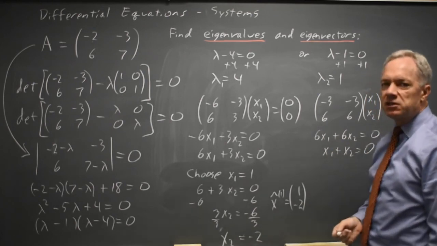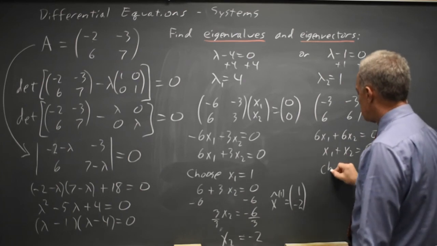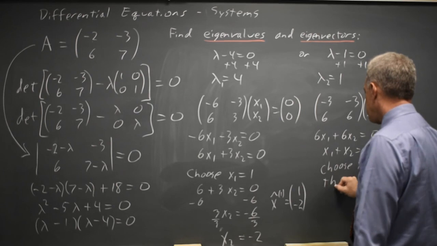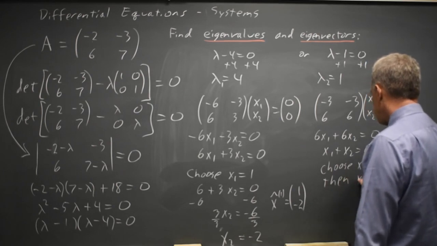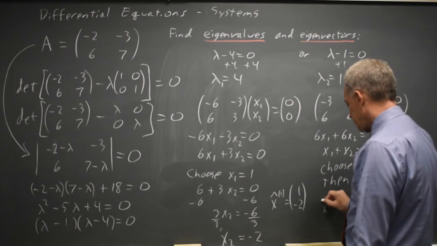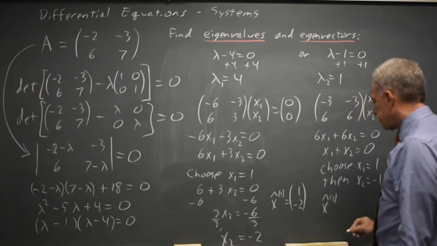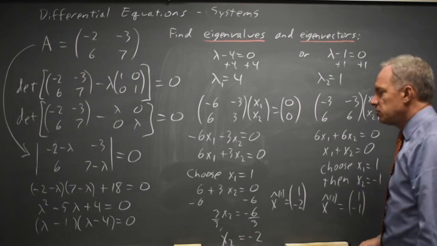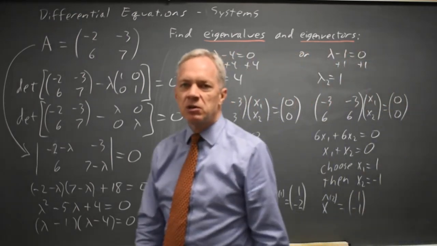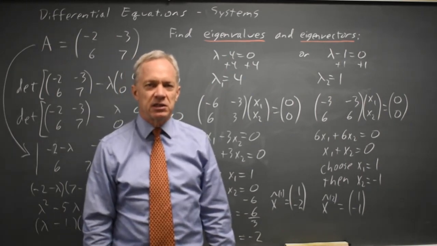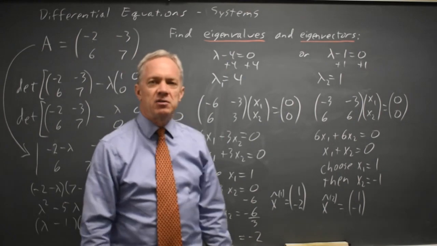There is no unique solution, but if I choose x1 equals 1, then by inspection we see x2 equals -1, and my second eigenvector, x vector superscript 2, is the vector 1, -1. And I could normalize that to unit magnitude, but that is not in most cases necessary for differential equations. So this gives us our eigenvalues and eigenvectors.